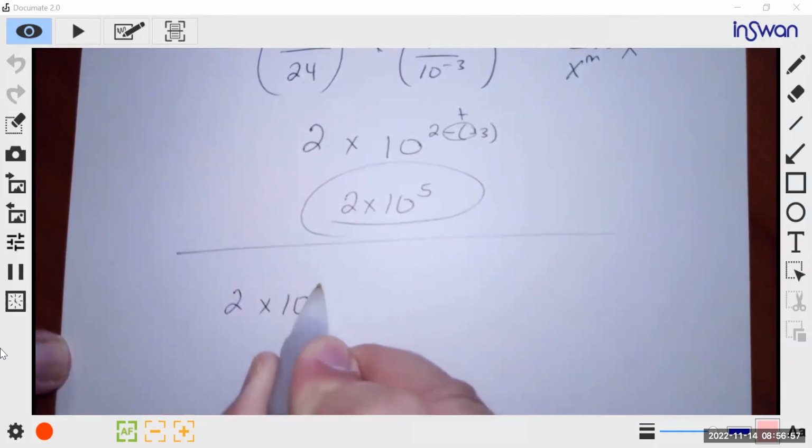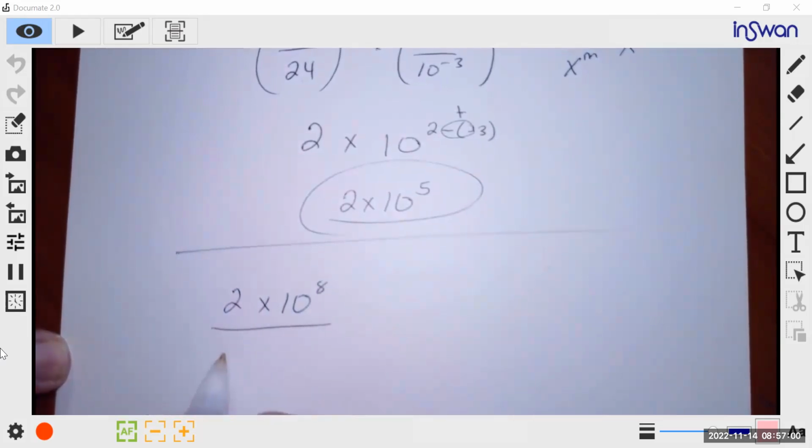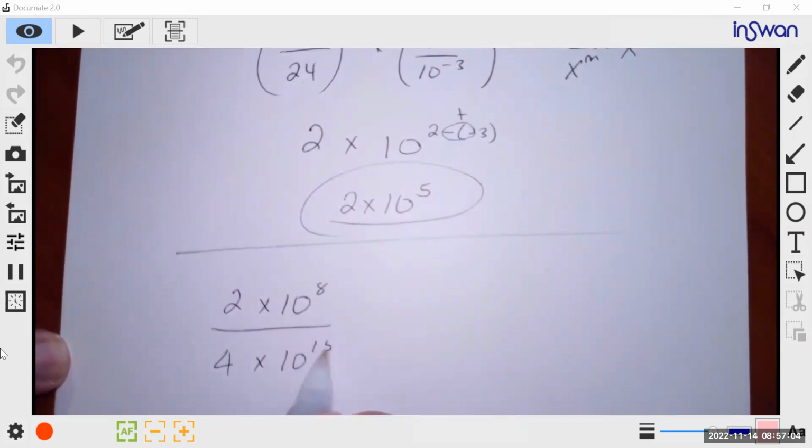Two times 10 to the 8th divided by 4 times 10 to the 15th.